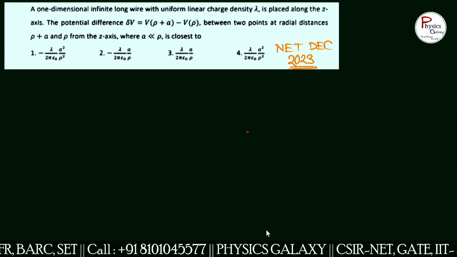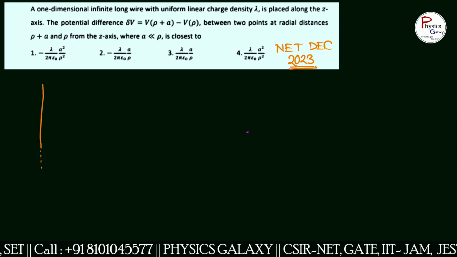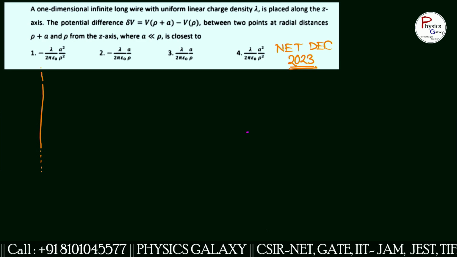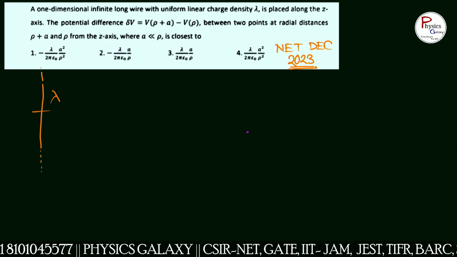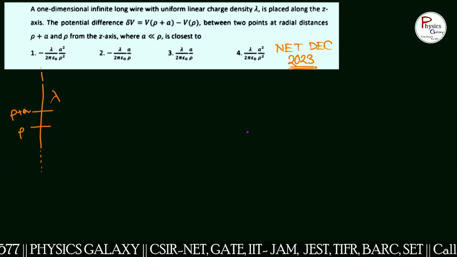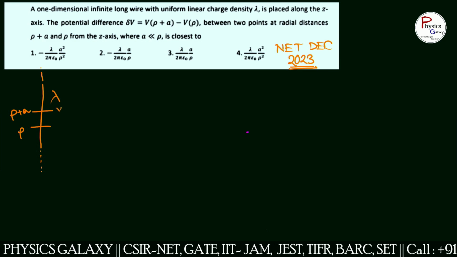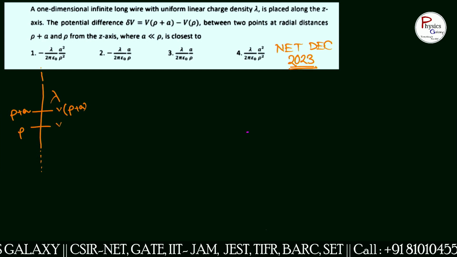So here a long infinite wire was given, which charge density was lambda, and 2 points rho plus a and rho, and the potential corresponding to these points V of rho plus a and V of rho.